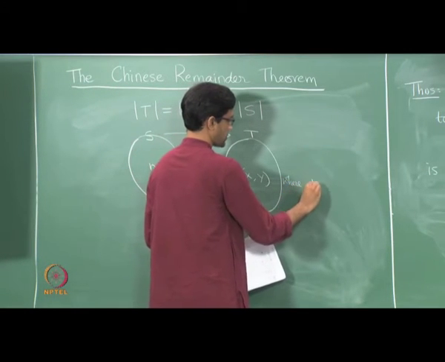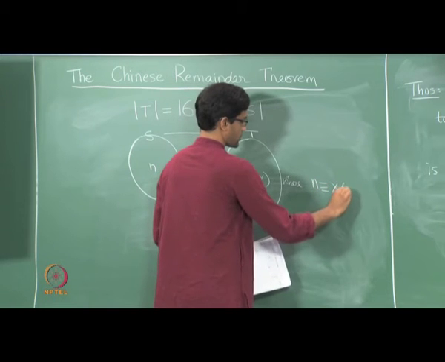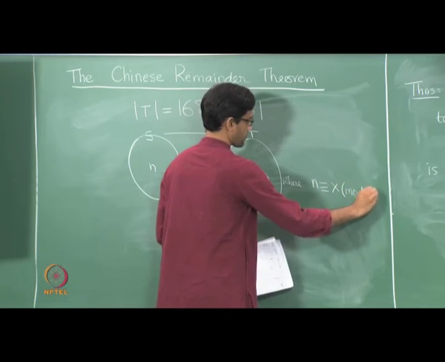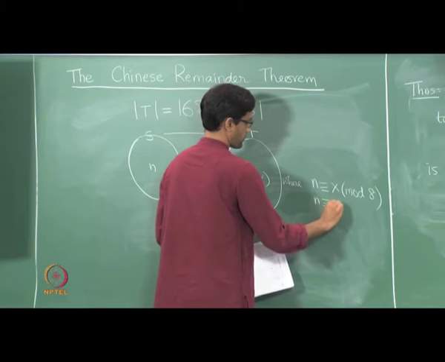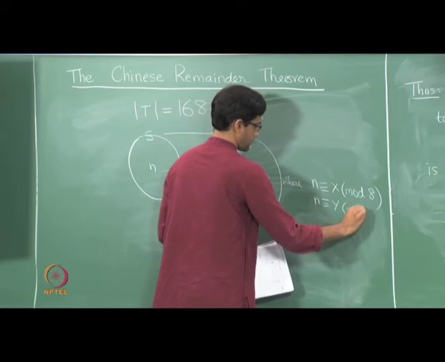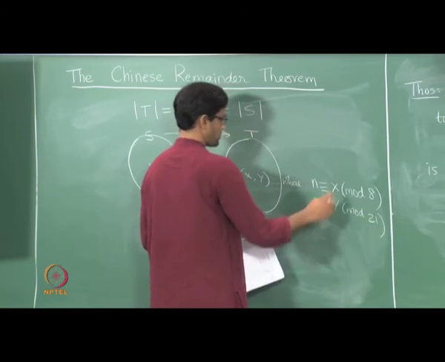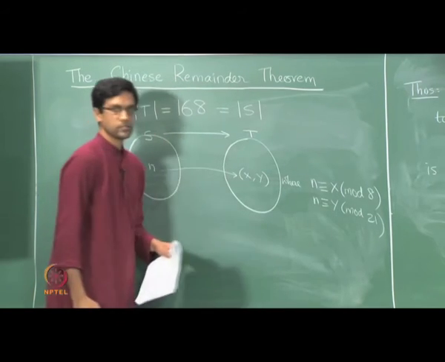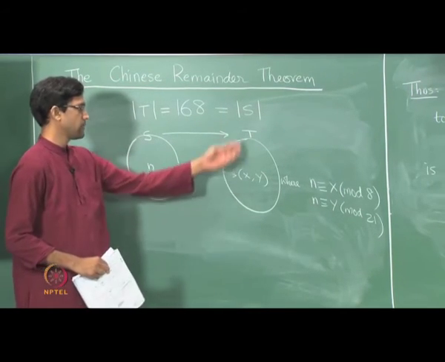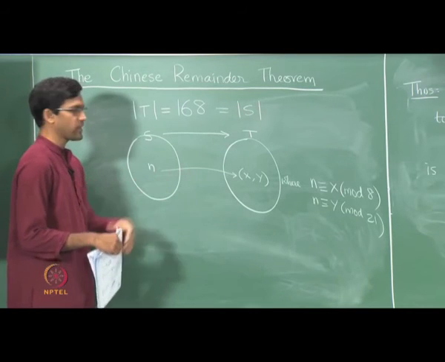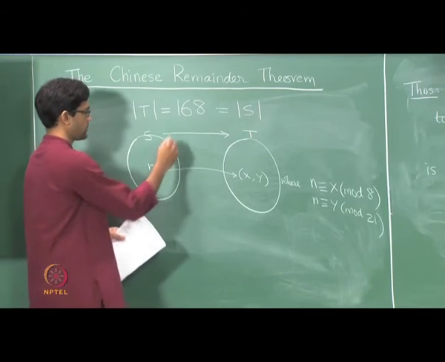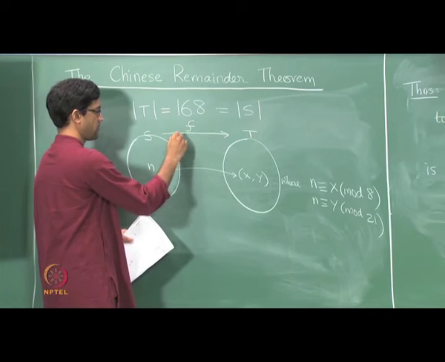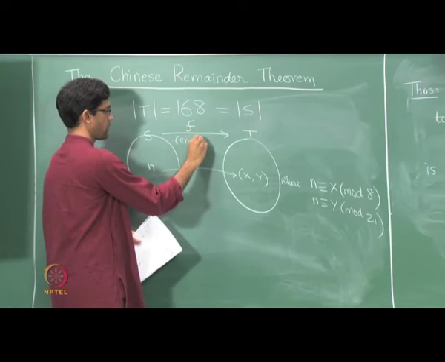So N is congruent to x mod 8 and y mod 21. X is between 0 and 7, y is between 0 and 20. Okay? Only then will it be an element of T. So here's the encoding map, if you wish. So let's give the encoding map a name. Let's just call it F. Think of this as the encoding.